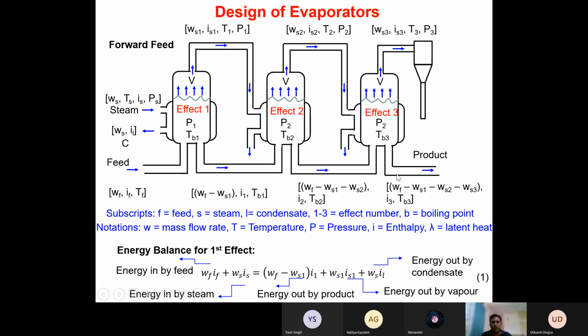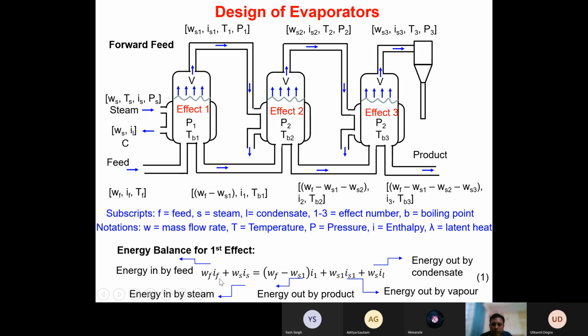Depending on the contacting, you then make the energy balance. Here, in this forward feed case, the energy balance is shown. One has to make the energy balance at each of these stages: effect 1, effect 2 and effect 3. For effect 1, the energy balance is given here: WF IF plus WS IS.